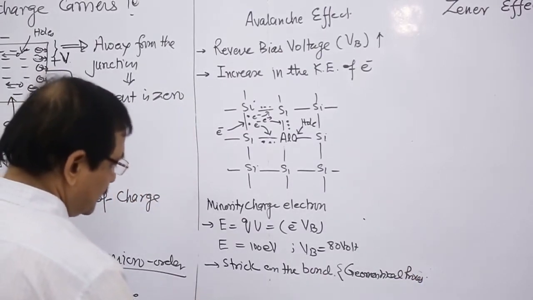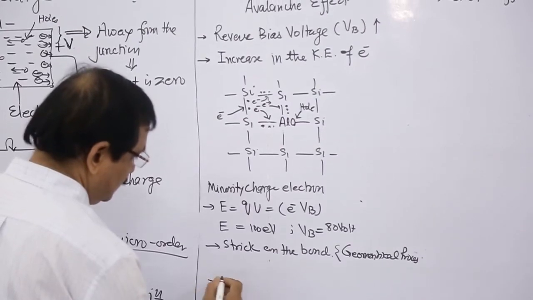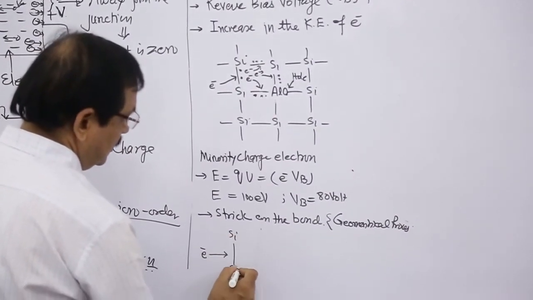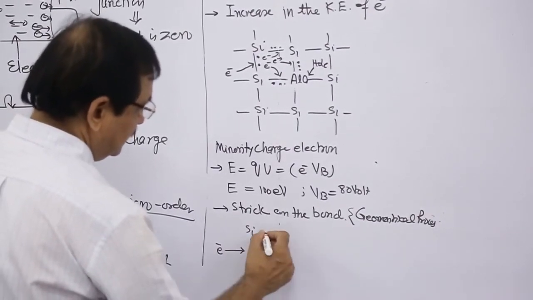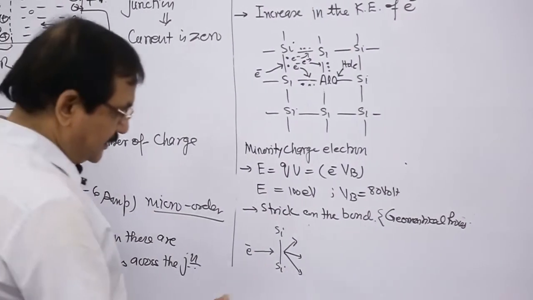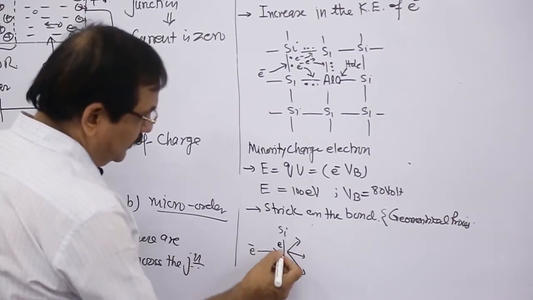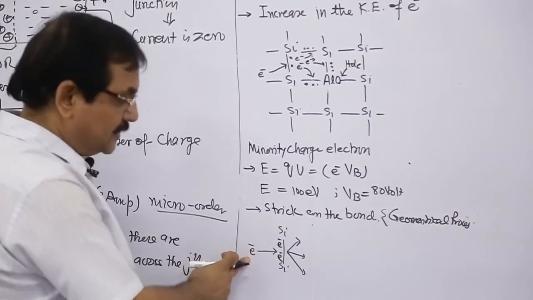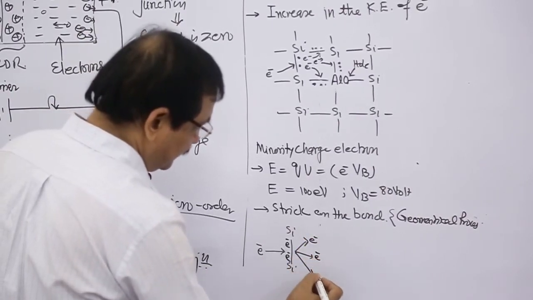This can be pictured as, suppose this is the electron and here it is the Si bond. After breaking there are 3 electrons: 2 electrons from the Si bond and 1 striking electron.